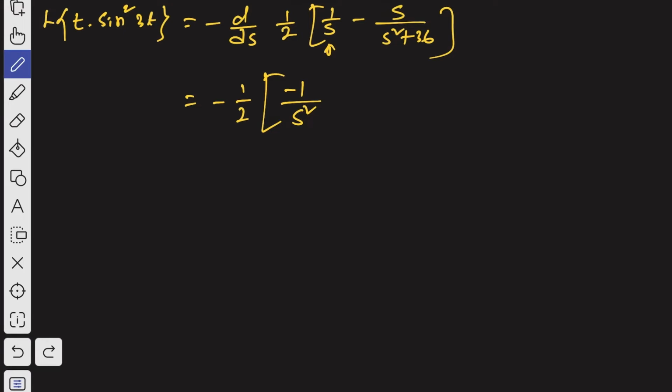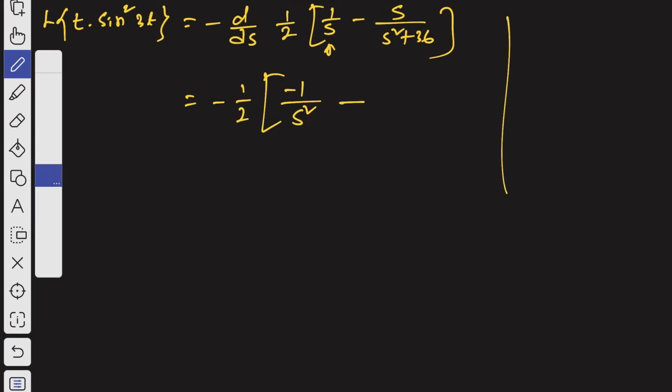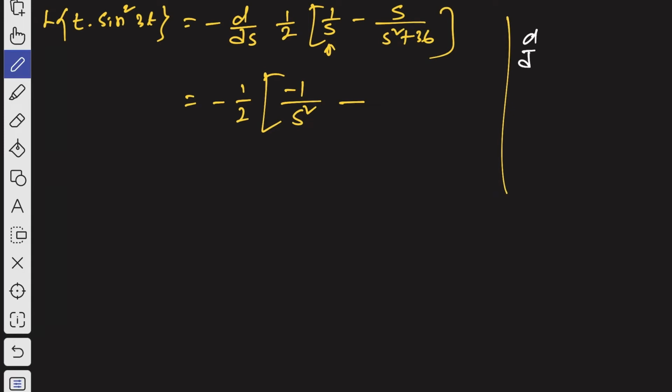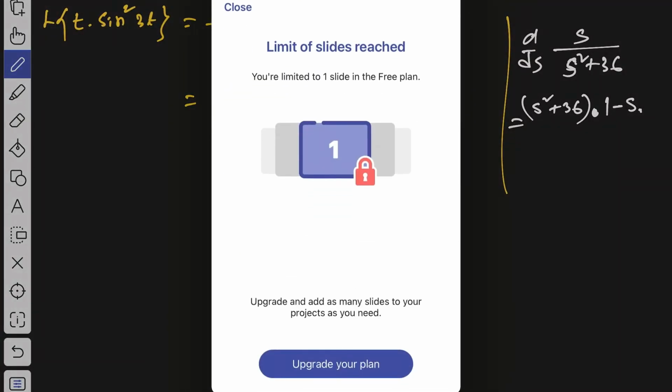So now how to find the derivative of s by s square plus 36? Again we are going to apply the quotient rule, that is the derivative of u by v. The denominator s square plus 36 times the derivative of the numerator, the numerator is s, the derivative of s is 1, and minus s into the derivative of s square plus 36.